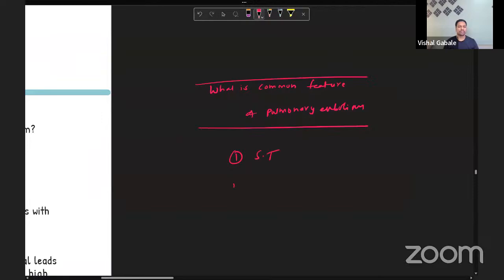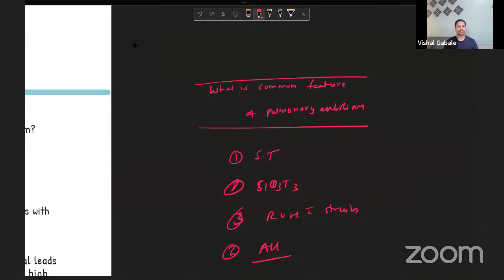Sinus tachycardia, S1 Q3 T3, RVH with strain, or. Tell fast quickly. Somebody saying already. Somebody saying S1Q3T3.